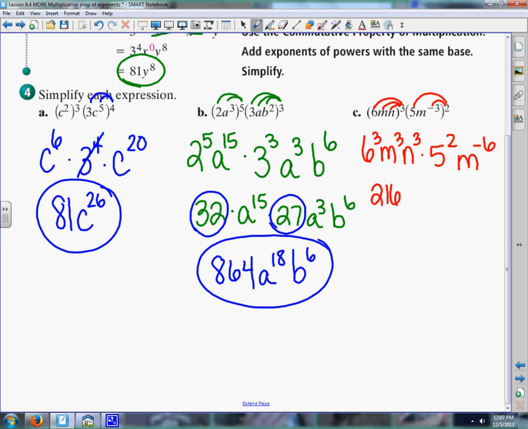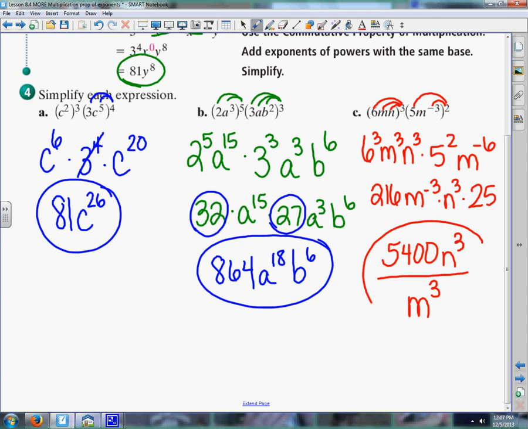M to the 3rd and m to the negative 6 is m to the negative 3 times n to the 3rd times 25. So 216 times 25, because 5 squared is 25, is 5,400. M to the negative 3rd, I'm going to put on the bottom of my fraction as m to the 3rd, because it's negative, it has to go on the denominator. And then n to the 3rd goes on the top. So then I have that.